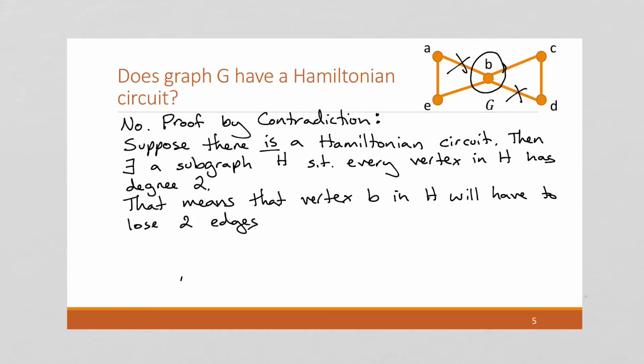The problem now becomes if this top edge is crossed out, then A only has a degree of 1, and so would D. In fact, whichever edges were cut out, the associated vertex on the other side of that edge would go down to degree 1.